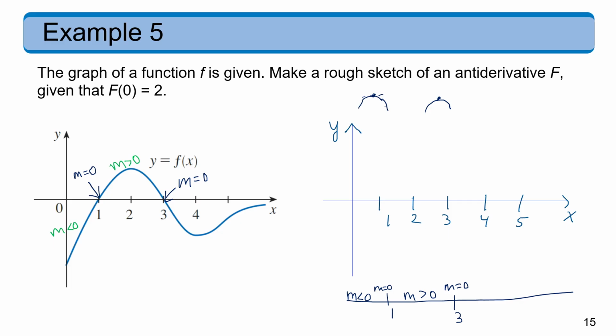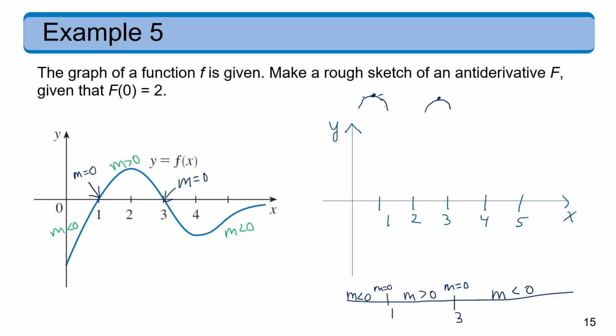And then all that's left is to the right of 3. Notice these y values are negative. It doesn't matter the shape of that curve. All that we're looking at right now is that these are negative y values. Okay, so slopes are negative. So to the right of 3, we have negative slopes.